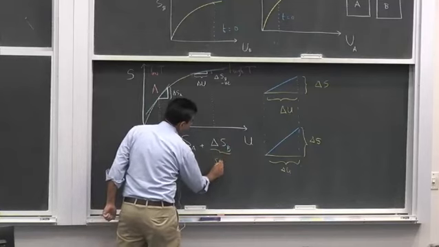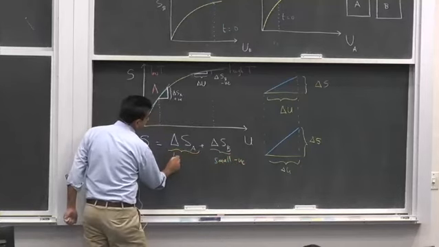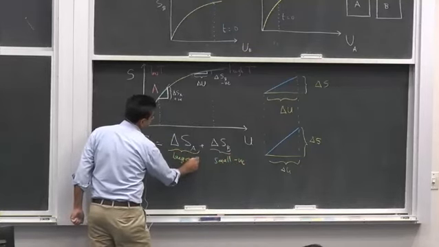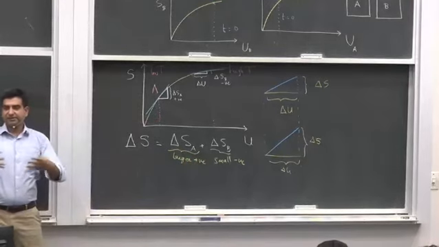But it's small negative, and this is large positive. So overall delta S is positive. The entropy of the system is going up.